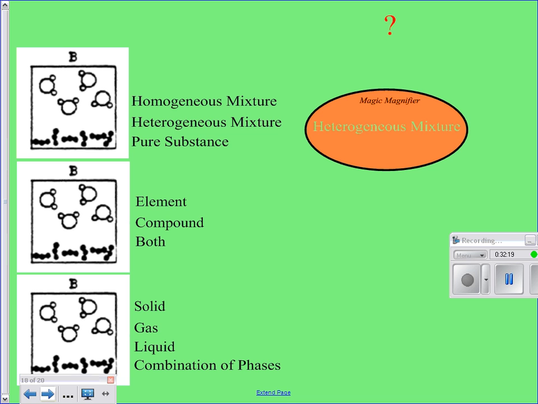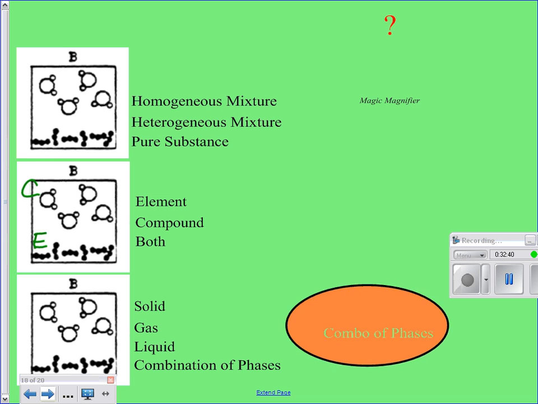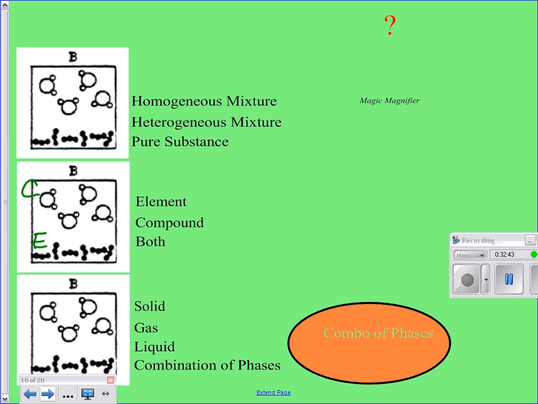Both, good. Because these guys are compounds up here. This is an element down here. Remember, it has to be different types of elements for it to be classified as a compound. So in this case, we've got both. And then finally, what about our phases? Combination. I would say you've got some gas and probably liquid down there.